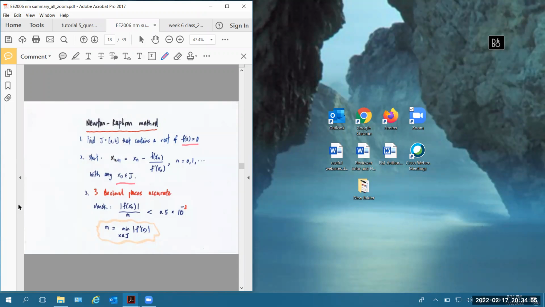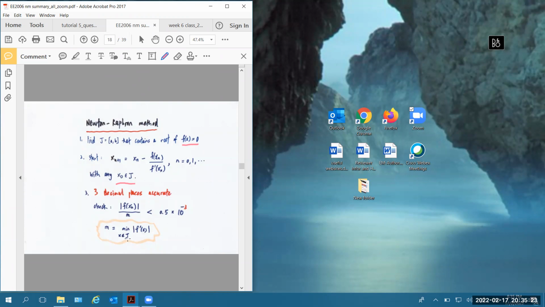And then step 3 here is the stopping criteria. Suppose you want our answer to be correct to 3 decimal places. Then how do we do the checking? We calculate this quantity, the absolute value of f(x_n) divided by m. Of course, we have to pre-calculate the number m first, right?